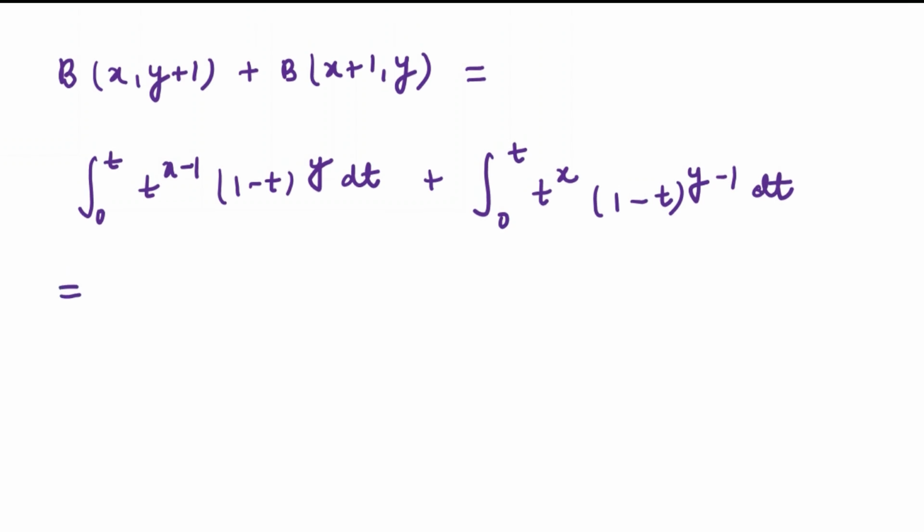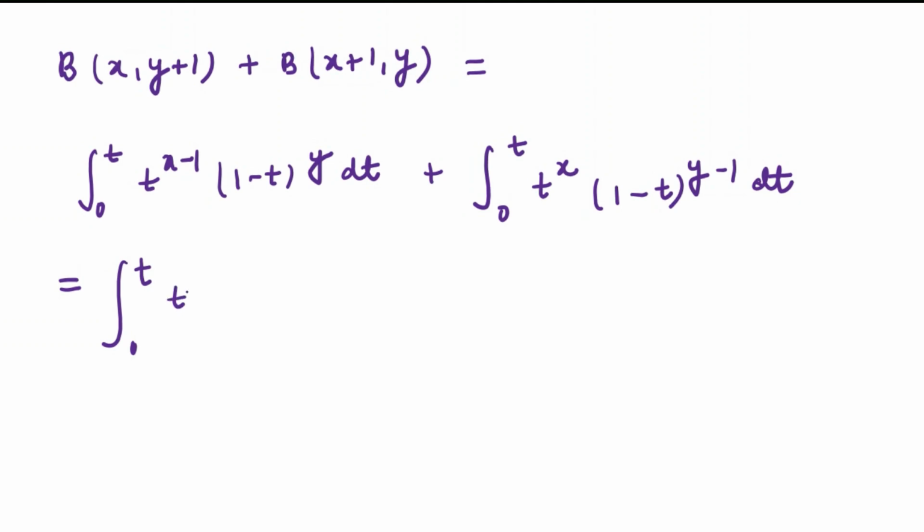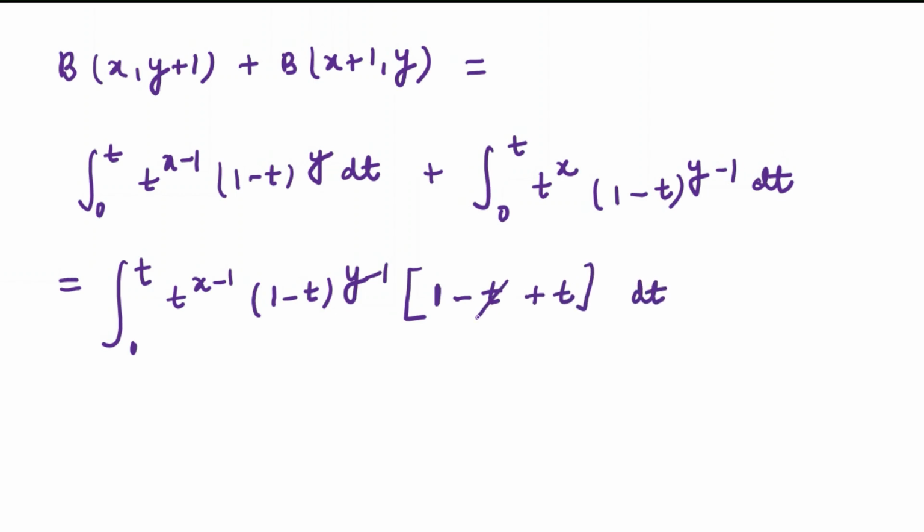So we can take t^(x-1) and (1-t)^(y-1) common. So the limits are 0 to 1, t^(x-1) and (1-t)^(y-1) times (1-t+t) dt.